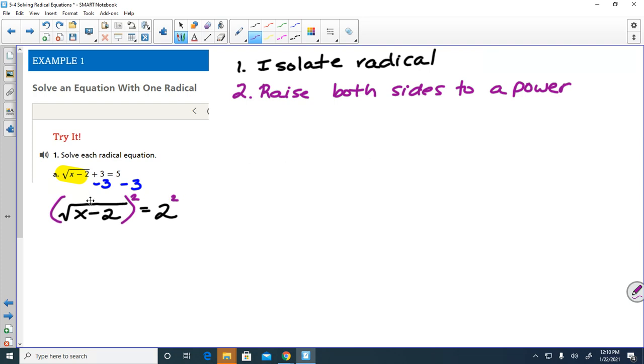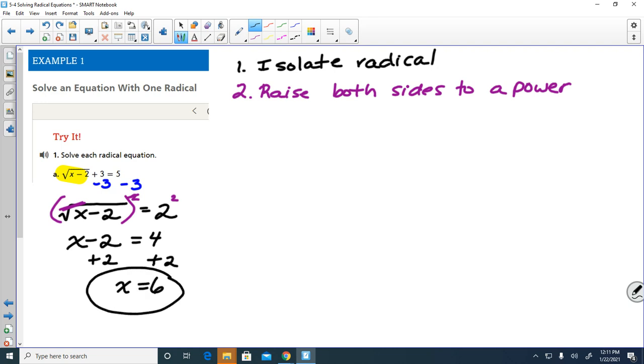So it just depends on whatever root you have is the power that you'll raise it to. So whenever you square a square root, you're undoing that operation. So on the left side, you'll just be left with x minus 2 equals, and then 2 squared is 4. So to get my answer, add the 2 to both sides. I get that x equals 6.